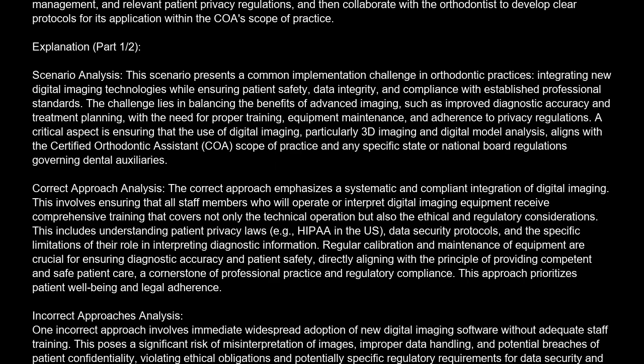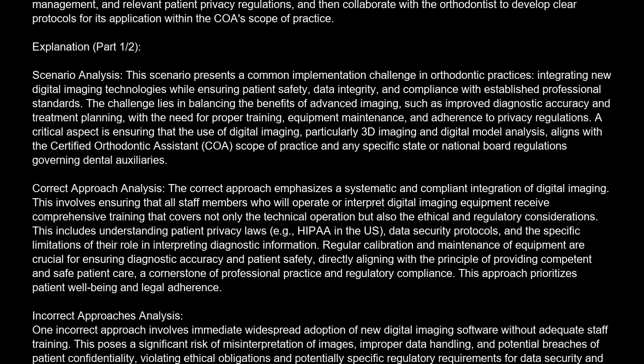A critical aspect is ensuring that the use of digital imaging, particularly 3D imaging and digital model analysis, aligns with the Certified Orthodontic Assistant (COA) scope of practice and any specific state or national board regulations governing dental auxiliaries.